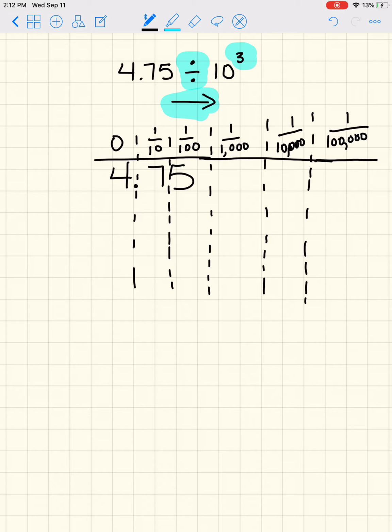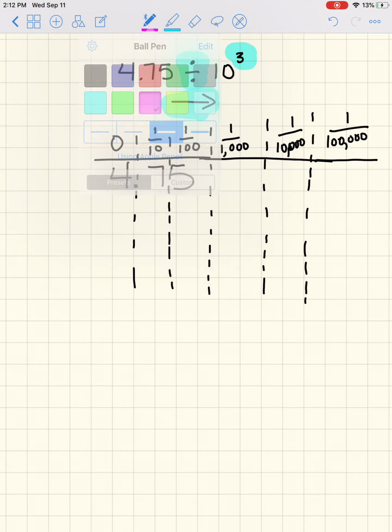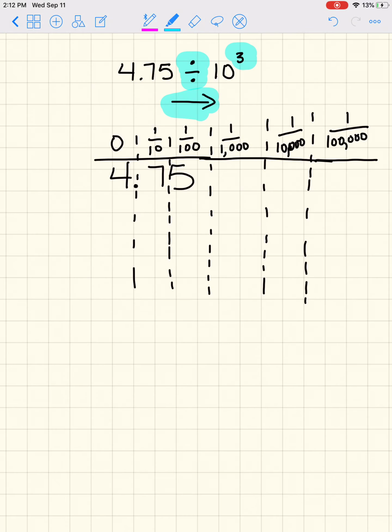Now this time, again, we're dividing, we're getting smaller, so each of our digits is going to move 3 place values to the right. So in this case, I'm going to start with the 5 because it's closest to the right-hand side.